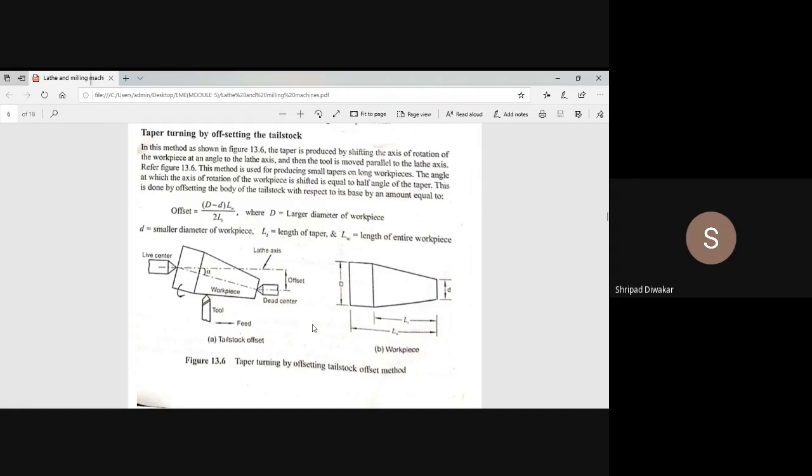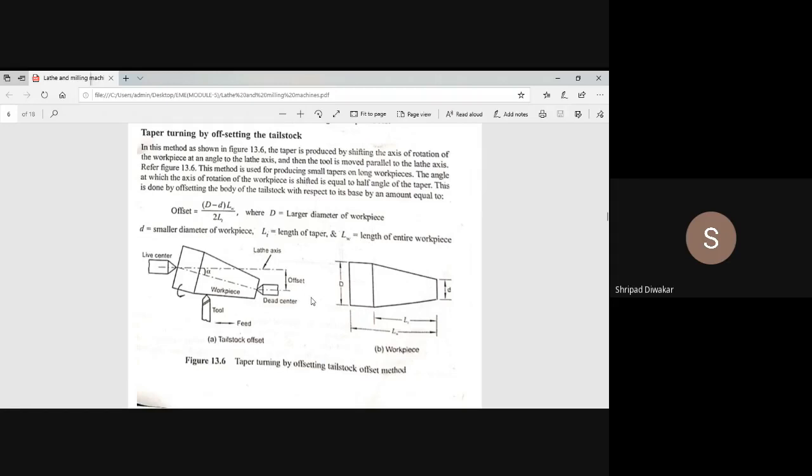Offsetting means shifting of the tailstock axis by a certain position with respect to the lathe axis, moving the tailstock axis or dead center axis down a certain distance below the actual lathe axis.